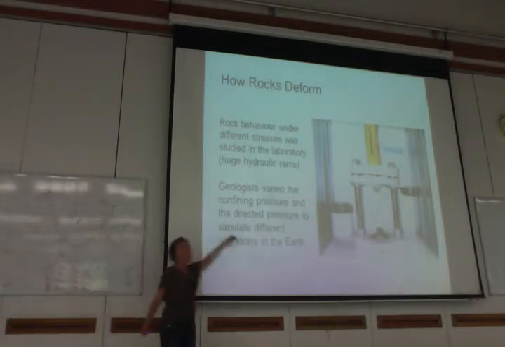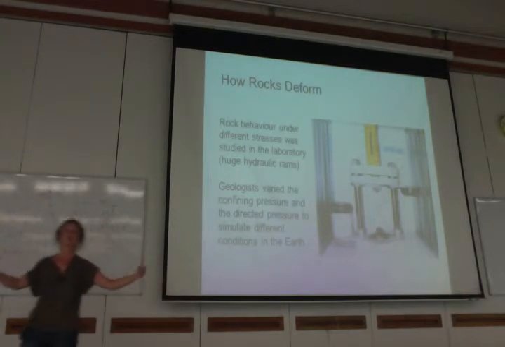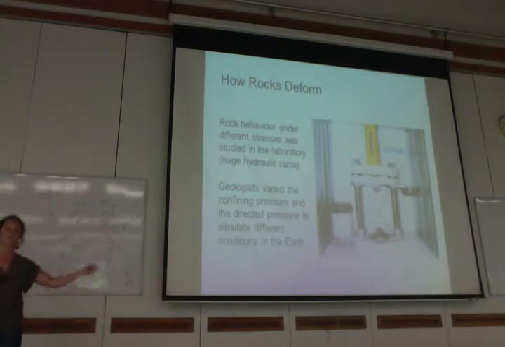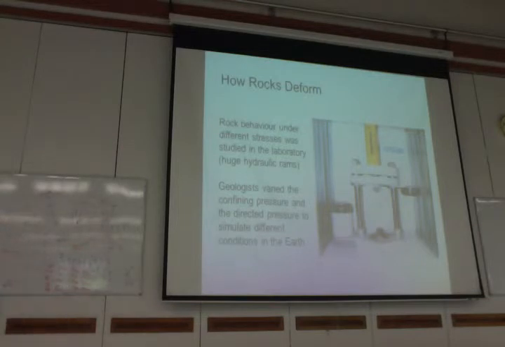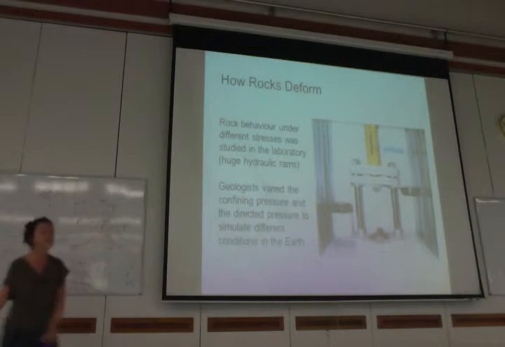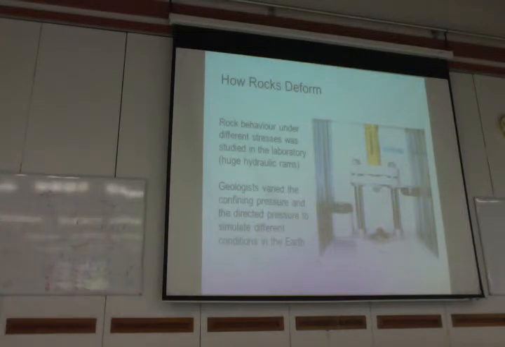Remember the term directed pressure. This is where pressure is greater in one direction, and is typical of convergent plate boundaries, where, as well as confining pressure, you have the pressure from the plates colliding in one direction. The geologists played around with rocks. This is just a very small example of a hydraulic ram. They're much bigger, the ones that the geologists used in the past.